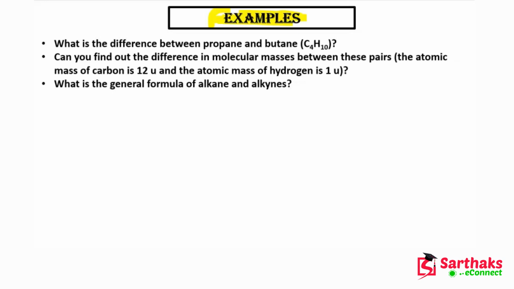The first question is, what is the difference between propane and butane? Propane is an alkane, because of the suffix -ane. The general formula for alkane is CnH2n+2. Here prop means 3 carbon atoms, so the value of n will be 3.